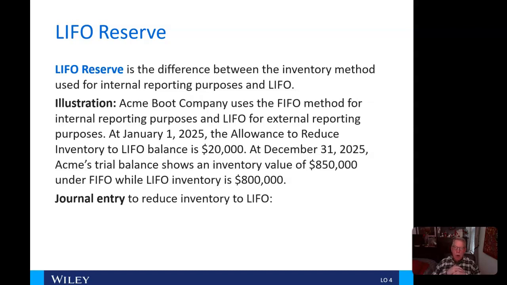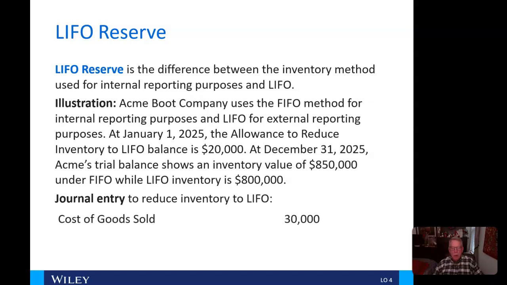At January 1, 2025, the allowance to reduce inventory to the FIFO balance is $20,000. At December 31st, 2025, Acme's trial balance shows an inventory value of $850,000 under FIFO, while the LIFO inventory is $800,000. So, what is the journal entry to reduce inventory to LIFO?